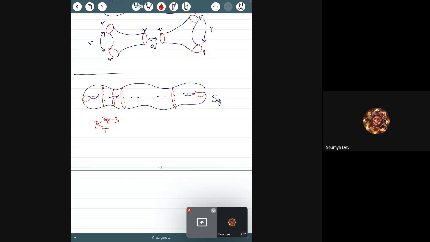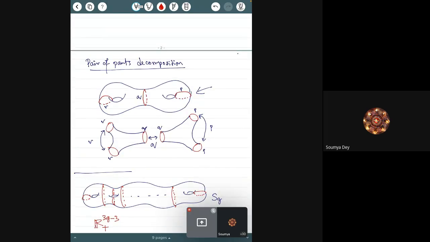What is that? You see, while gluing back at the last step, suppose you have already given the hyperbolic structure on these pairs of bands, and you only know that the lengths of these two are matching, these two are matching, and these two are matching.